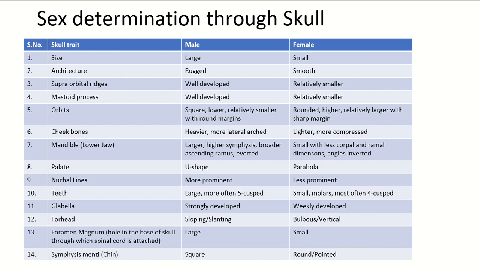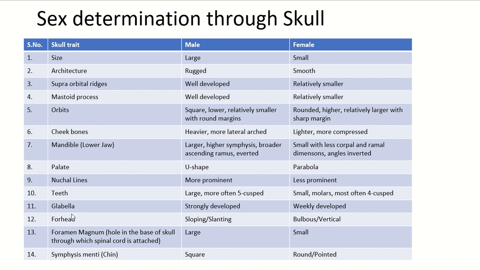The glabella is strongly developed in males and weakly developed in females. The forehead is sloping in males and bulbous or vertical in females. The foramen magnum is the hole through which the spinal cord attaches to the skull. It is large in males and small in females. Symphysis menti or chin is square in males and round or pointed in females.